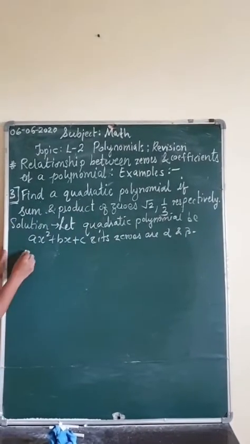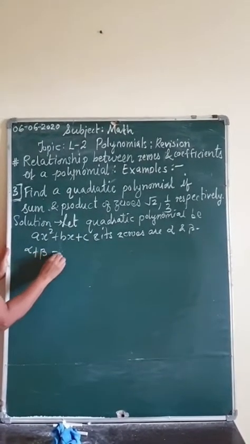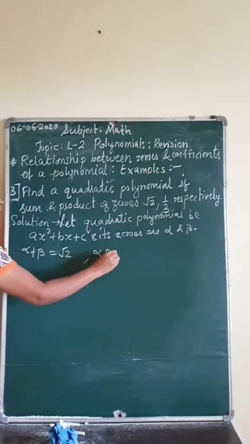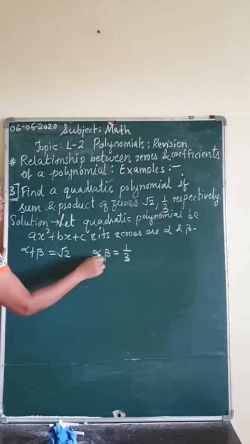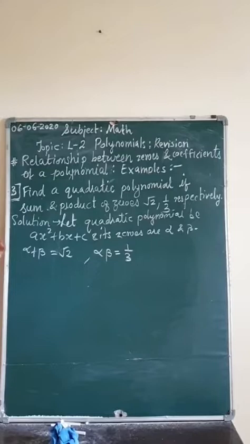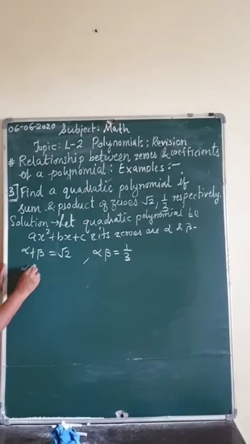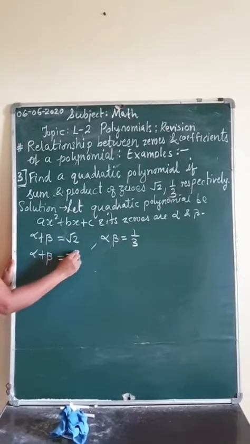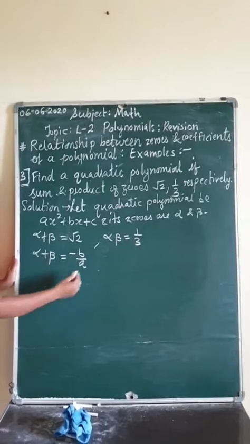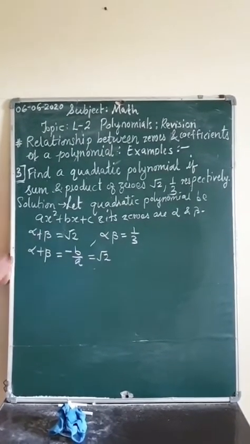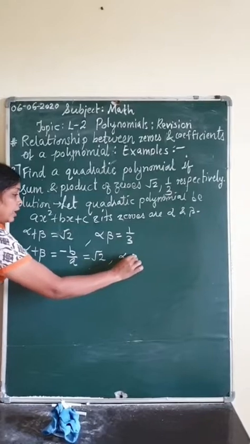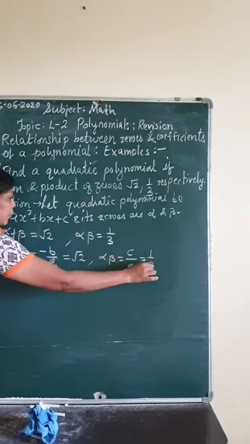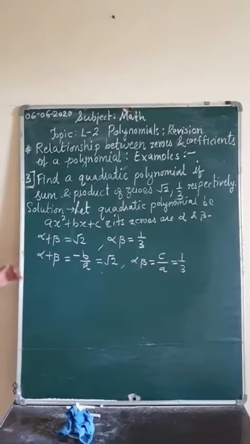So what they have given us, alpha plus beta they have given as root 2 and alpha into beta, the product, they have given as 1 upon 3. So according to our relation with coefficients, alpha plus beta is minus b upon a, which is equal to root 2, and alpha into beta is nothing but constant upon a, which is 1 upon 3.